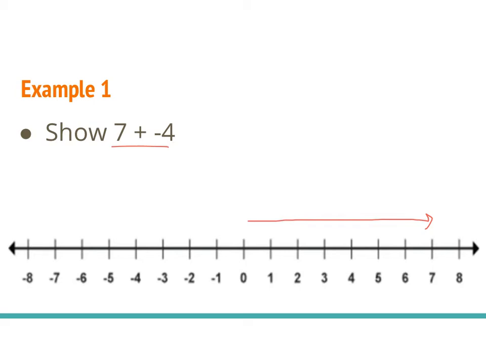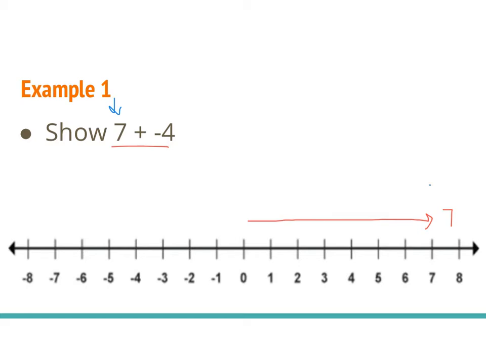Now I'm going to add negative 4. Now I know I'm adding, and you guys want to think addition goes to the right, but I'm adding a negative 4. And as you learned, negative numbers go to the left. Now I'm not going to start at 0 for this one. I started at 0 for the 7, so I'm going to stay here at 7 to plot my negative 4 because it's an addition problem.